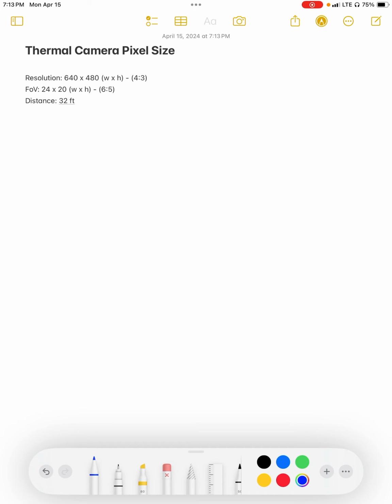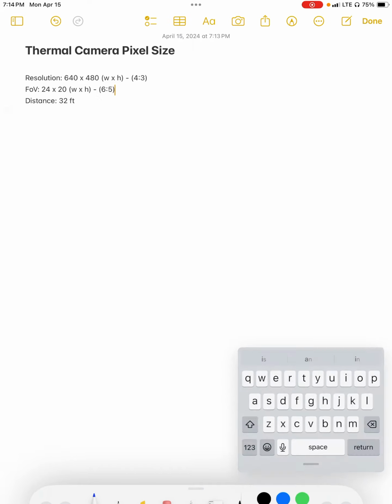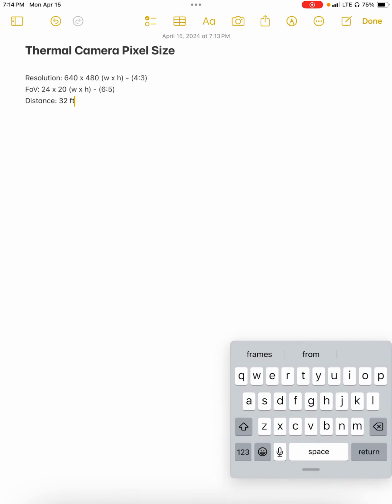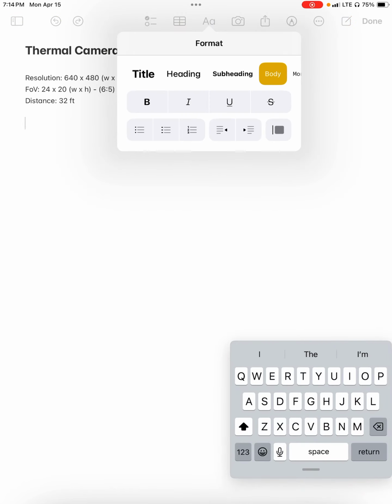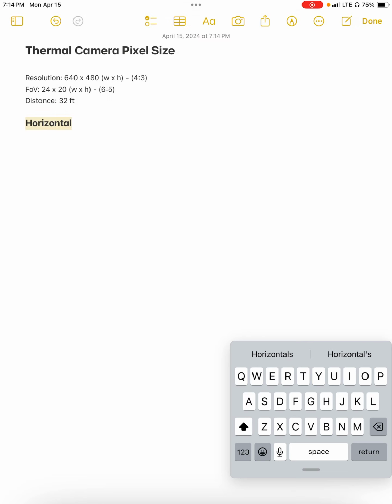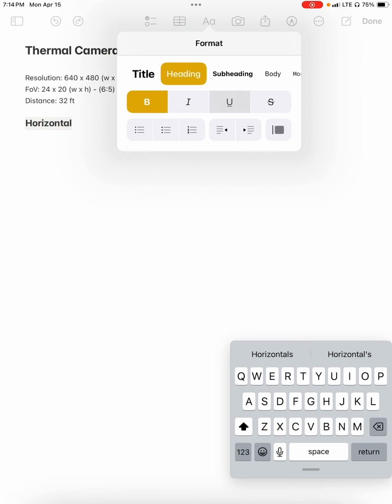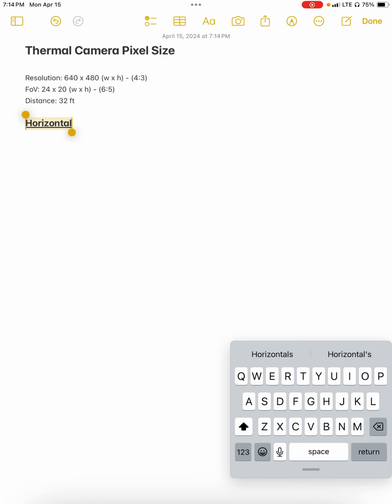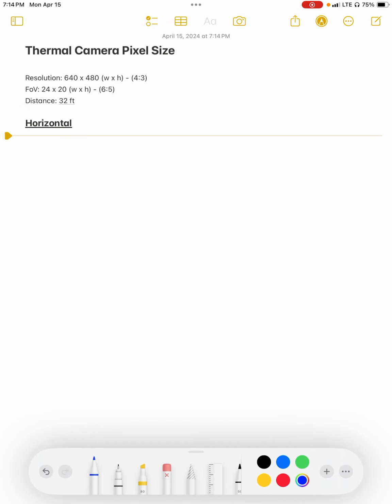So the first one I'm going to do is look at the horizontal distance. Let me get back into text mode. I'm going to draw a diagram of how this looks.